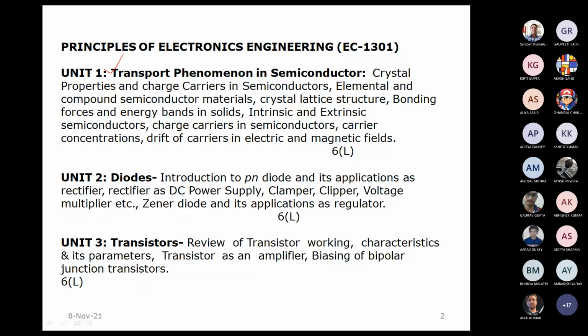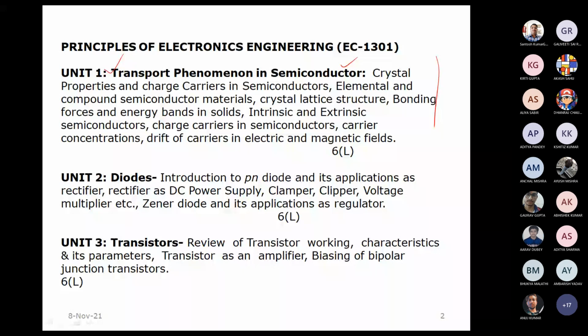But we will review those concepts again here, so that we know more about these semiconductors, which may be useful in better understanding the devices based on them.